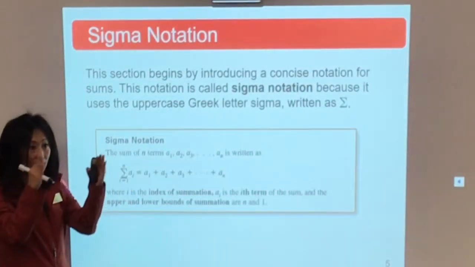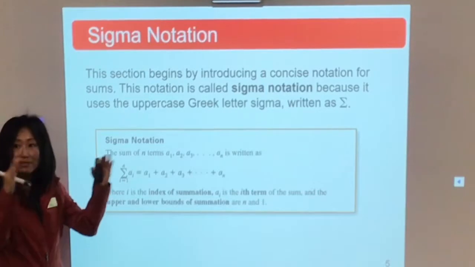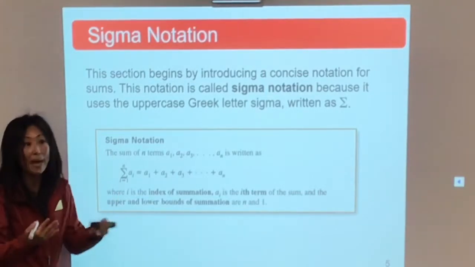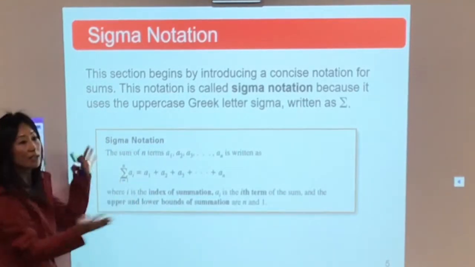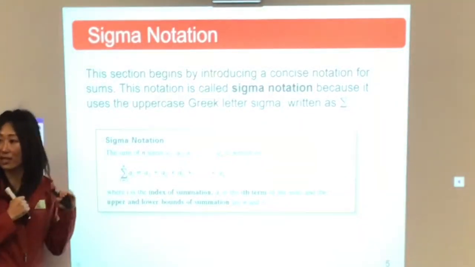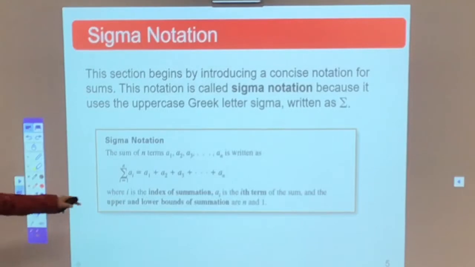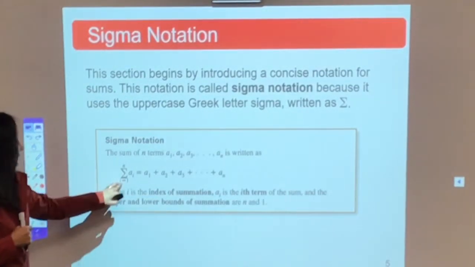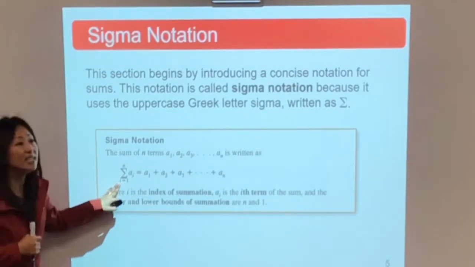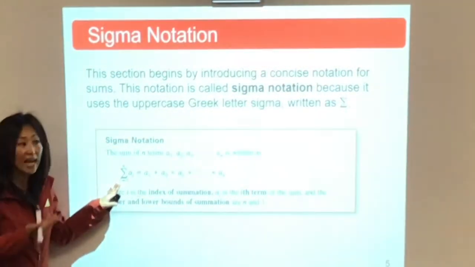It's compact. It saves you space. When you're writing a paper, you don't want to write down all these expressions. You want to condense it. The i can be any letter you choose to use. It can be j, it can be k.